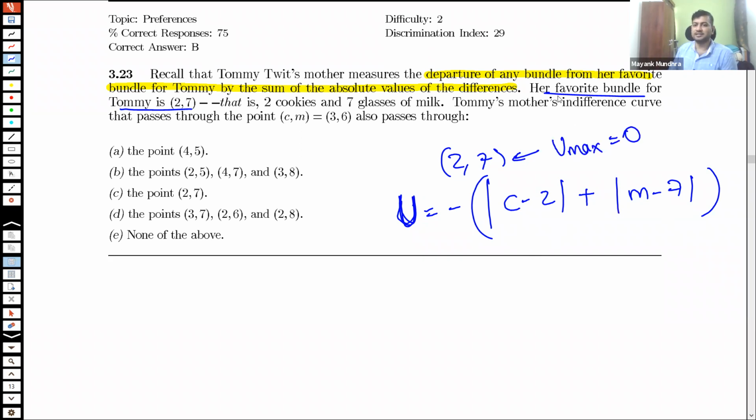The second thing is it captures the idea that the departure of any bundle is the sum of absolute values of differences. These are the differences, this is the sum. So sum of absolute values of the differences. This is a very commonly used utility function to measure how far away you are from the ideal bundle. If you want to be as close to the ideal bundle as possible, you can go with this.